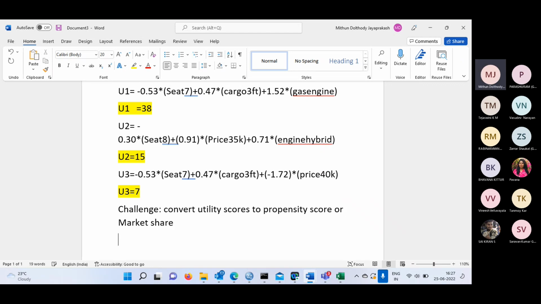This is an important concept, guys. Utility score is one thing, but eventually you can convert this into a propensity score. It's also sometimes called a market share. So how do you convert this into a market share?